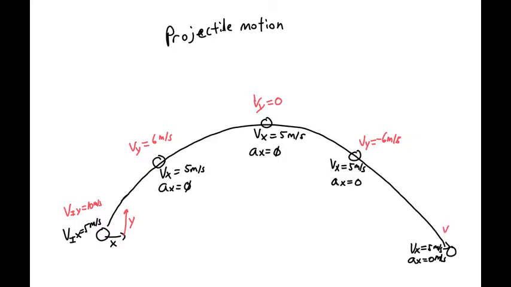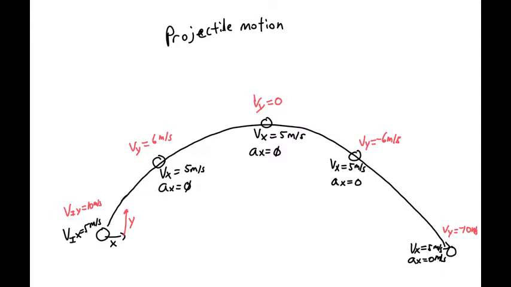Over here, right before it hits the ground, velocity in the y direction will be -10 meters per second as I run out of room here. So notice we went from 10 to 6 to 0 to -6 to -10. There's probably a pattern in there. Perhaps you've learned enough physics now that you can explain what is happening there.